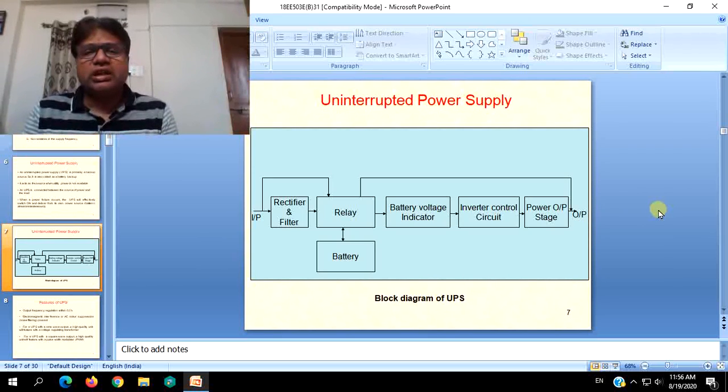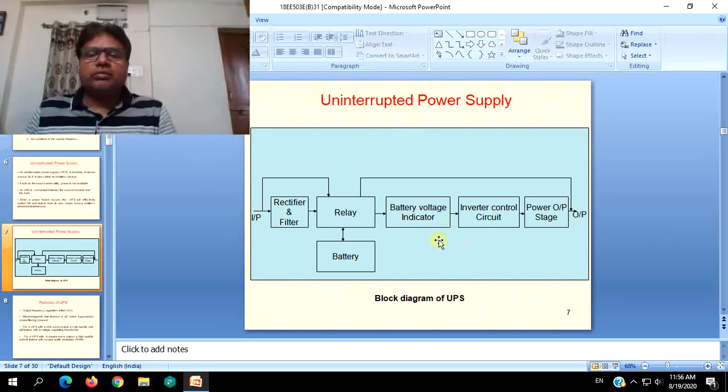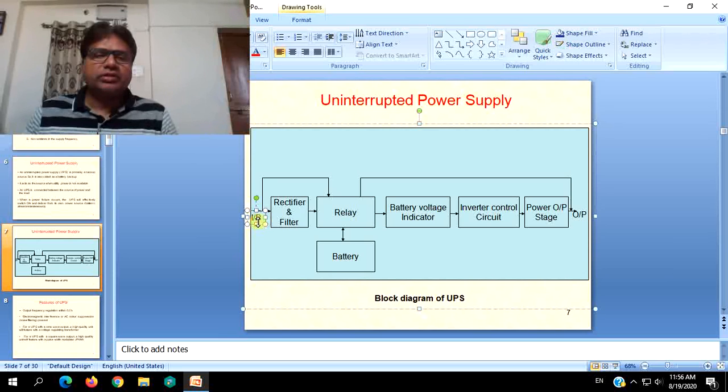So this is a generalized block diagram of an uninterruptible power supply, or UPS, from which we can understand the basic procedure adopted. This is the actual input mains given from the AC source. Just consider this as a single phase AC supply.